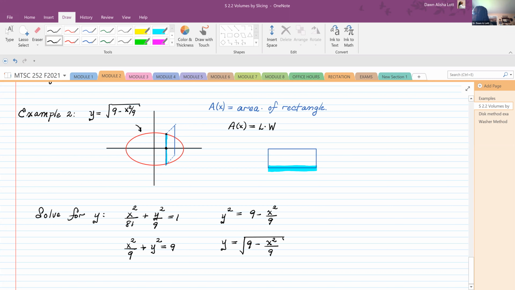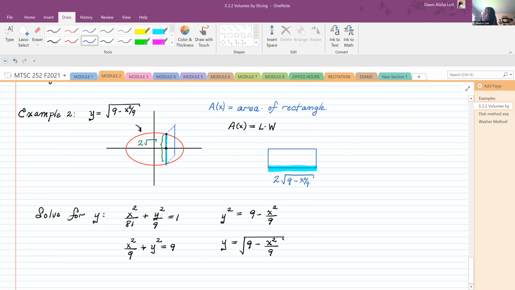So from the center dot up to this top dot is the square root of 9 minus x squared over 9. So this whole length is 2 times that. So that's how long this side is.